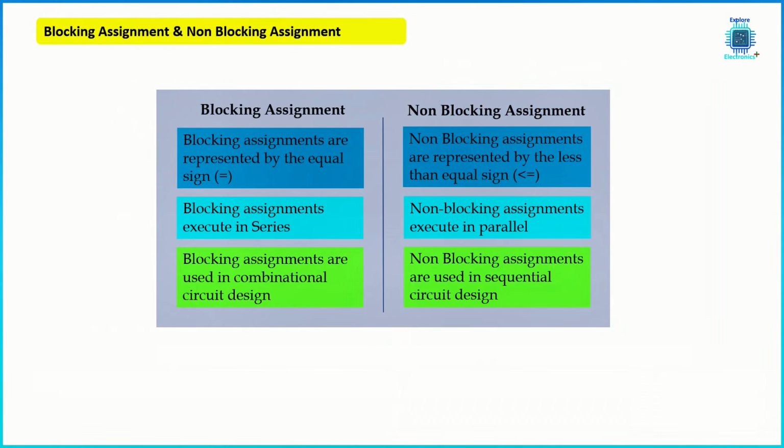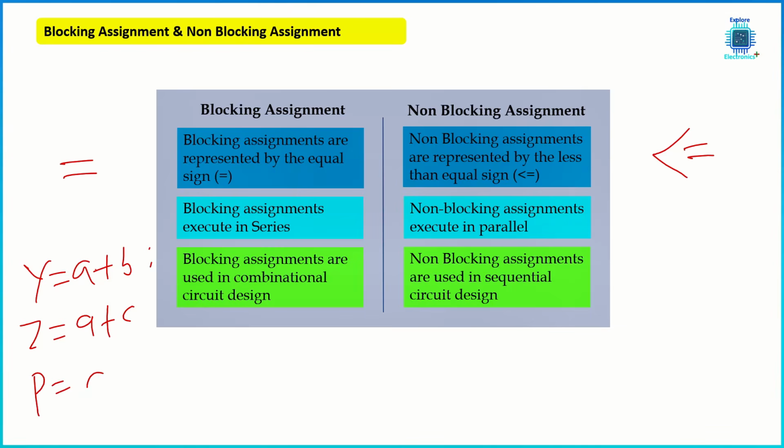Then we need to understand what a blocking operator and a non-blocking assignment operator are. Equals is a blocking operator, less than equals is a non-blocking operator. Blocking assignments execute in series. Suppose I have y = a + b, then z = a + c, then p = d & a, and also one more statement, q = y + z.